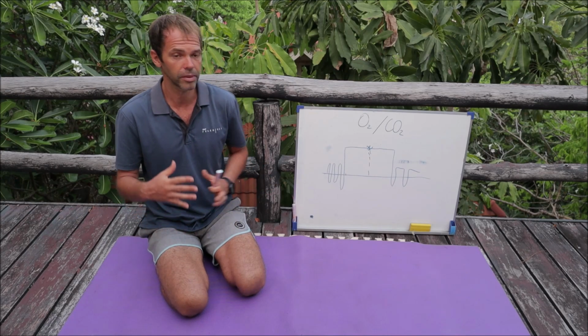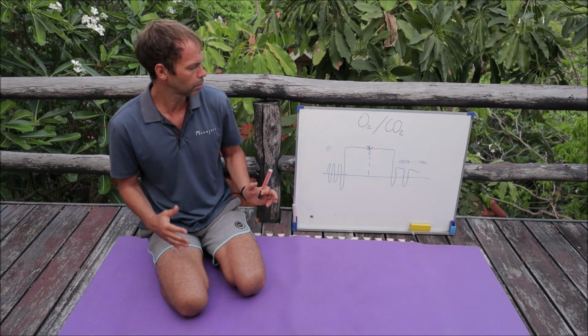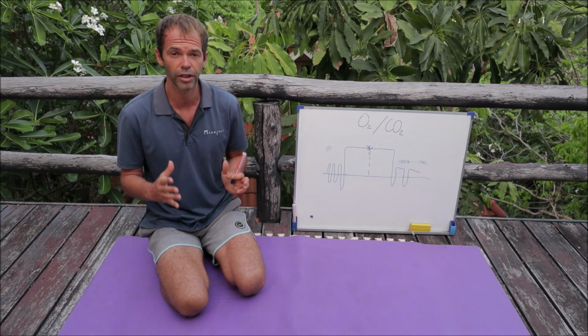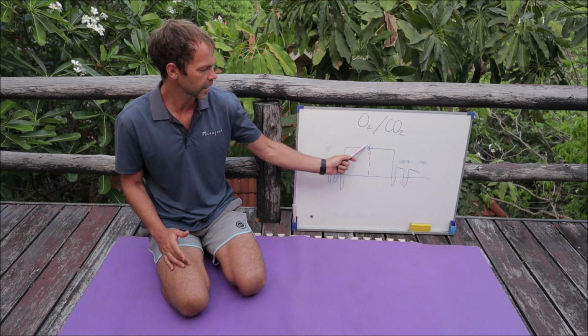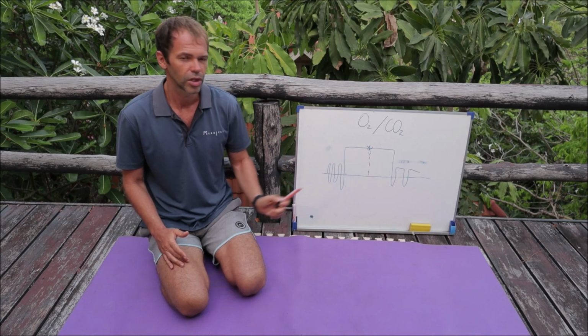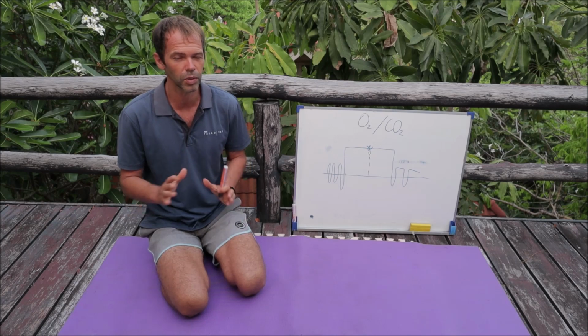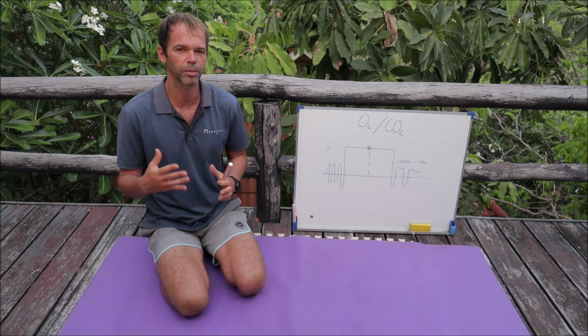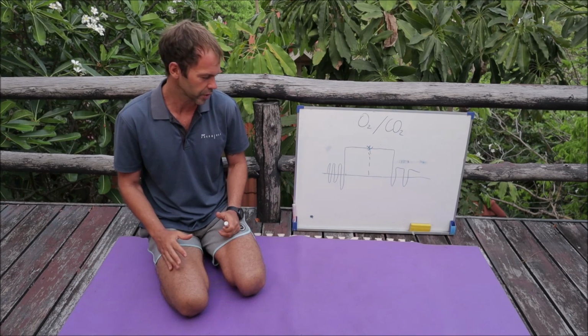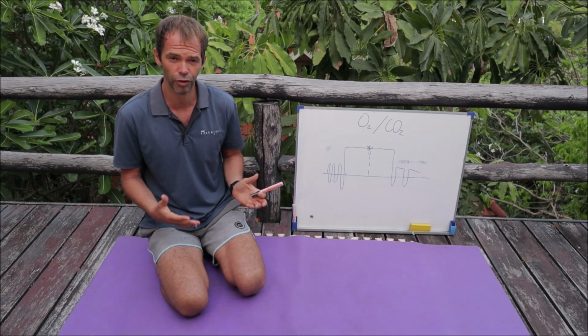Then I explain to my students that most of the time during the first level course we're going to stay within these limits. We maybe experience a contraction, maybe one or two, but we're not going to hold our breath with strong contractions. And actually it's the same for level 2.